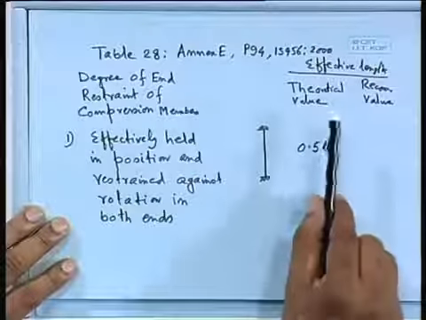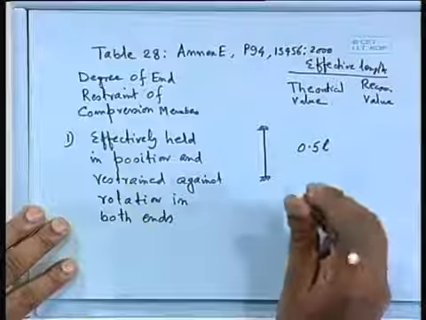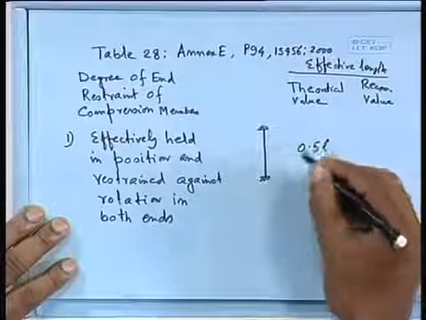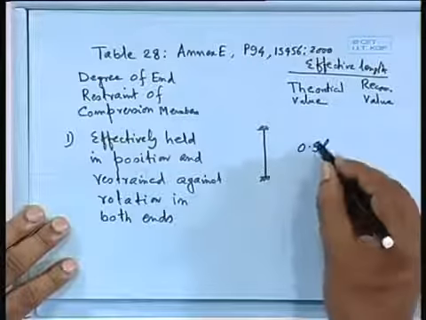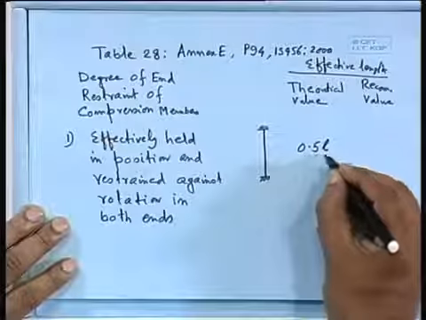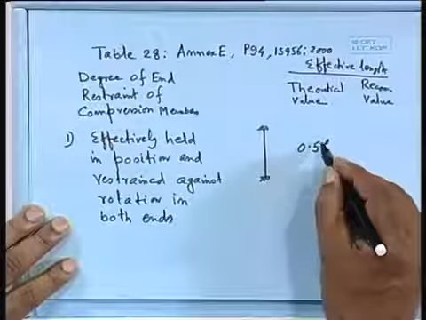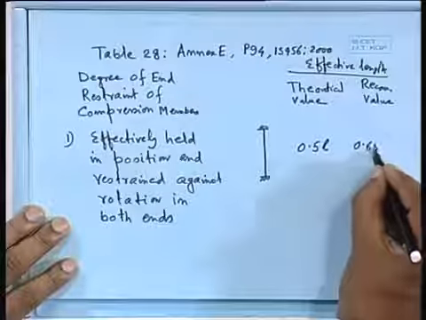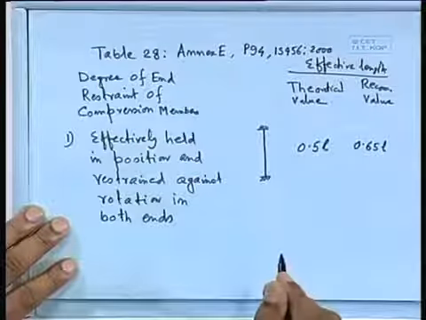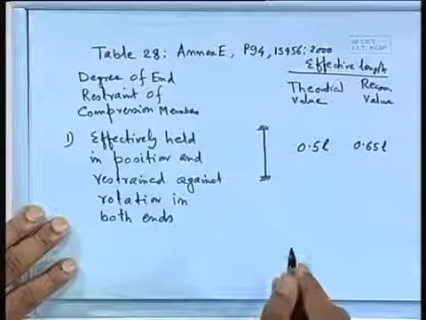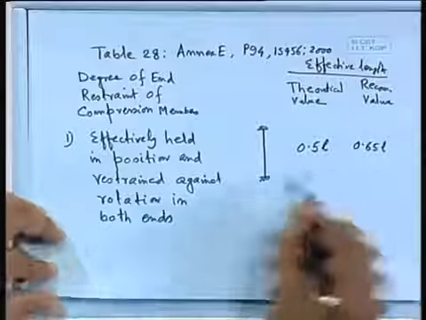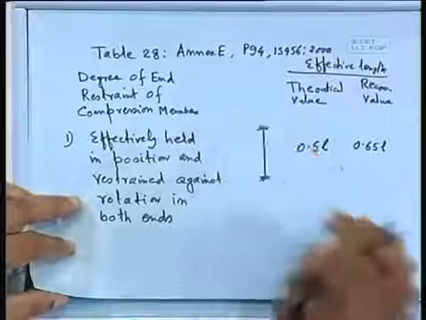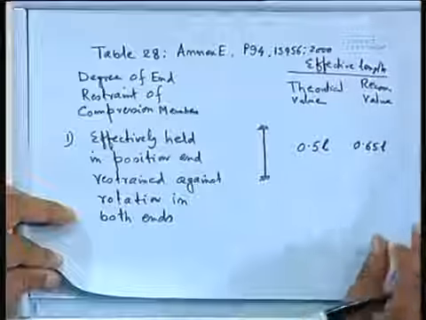What I mean to say is that it is not in the scope, it will be difficult for me to go to that level. So 0.5 L is the effective length, the theoretical value, but our code says that you take 0.65 L. This is your fixed case.